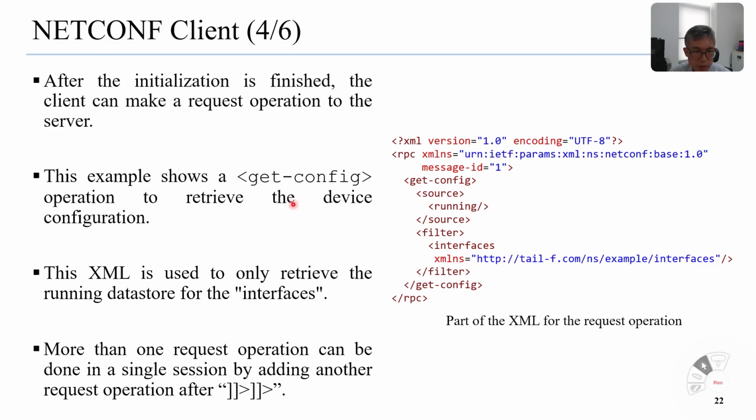This XML is used to only retrieve the running data store for the interfaces. So you can get more operation results. You can use multiple request operations, after which this sequence of end-of-message characters can be used.